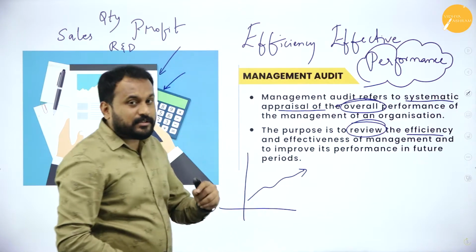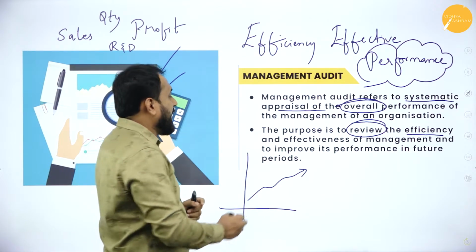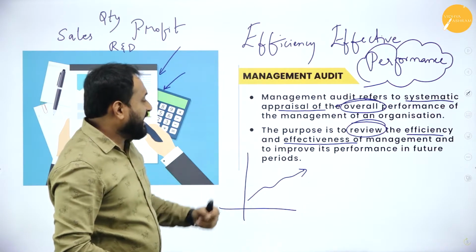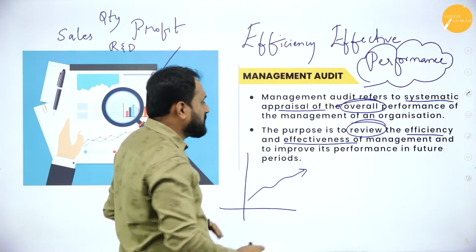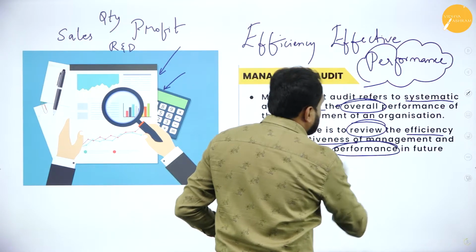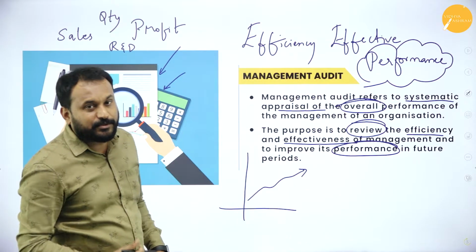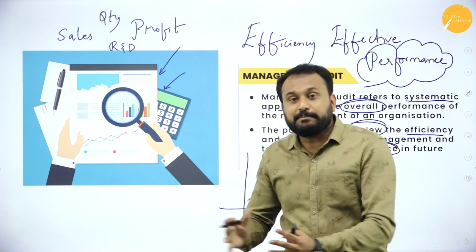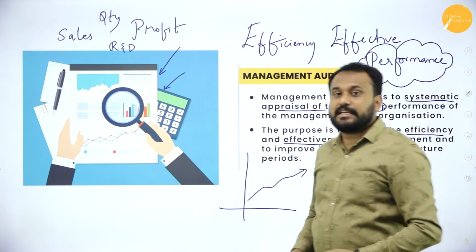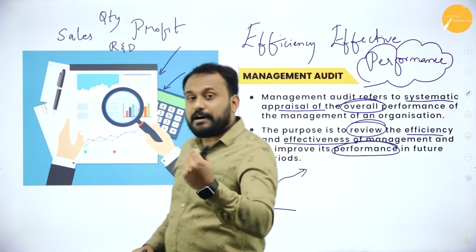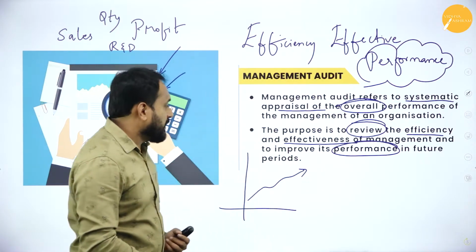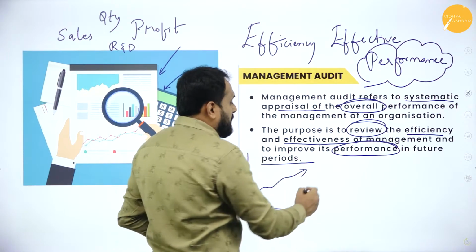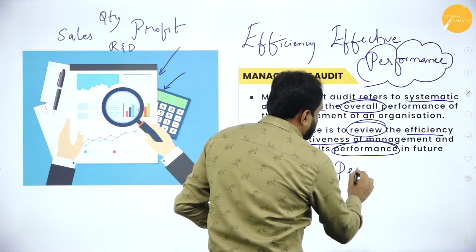To review efficiency and effectiveness of management, and to improve its performance. Why is management audit used? Management audit is used for the improvement of efficiency and effectiveness of the management in the future periods. Perpetual.